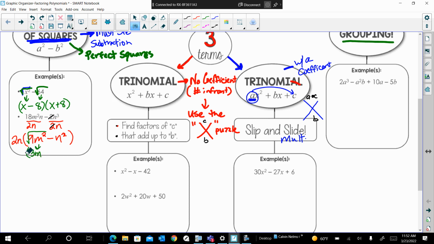We're going to keep the parentheses and the 2n in front. The square root of n squared is just n. So we have 3m minus n and 3m plus n. When you have a difference of squares, you're going to have a plus and a minus set of factors.